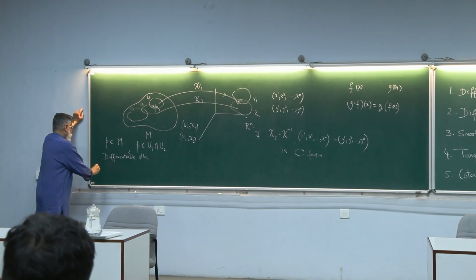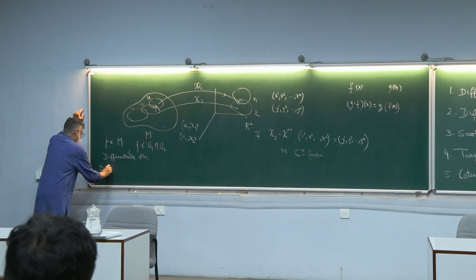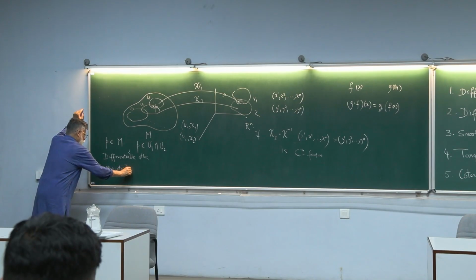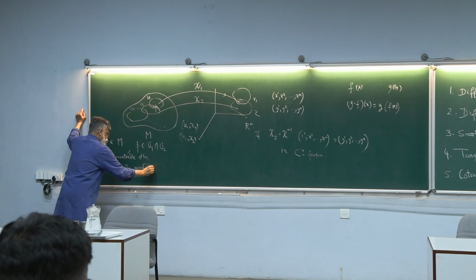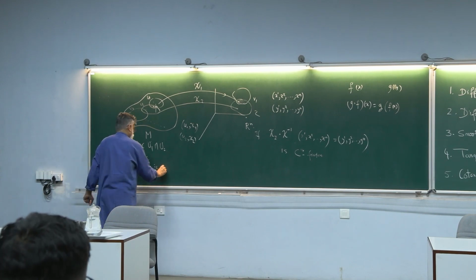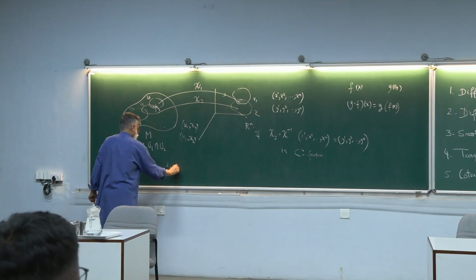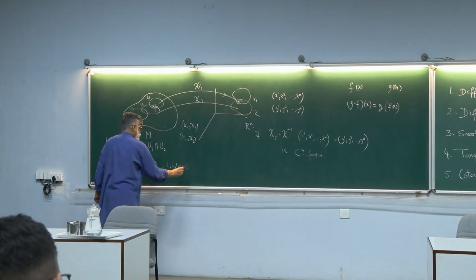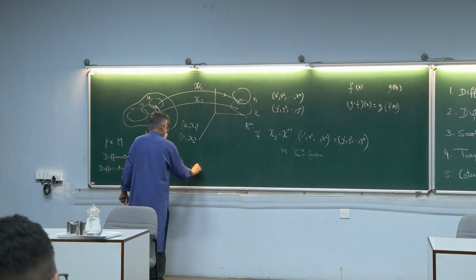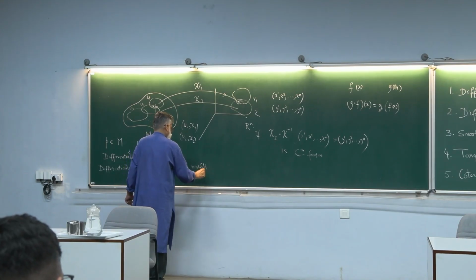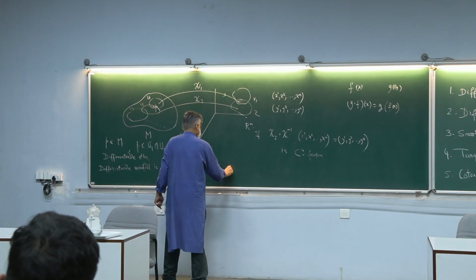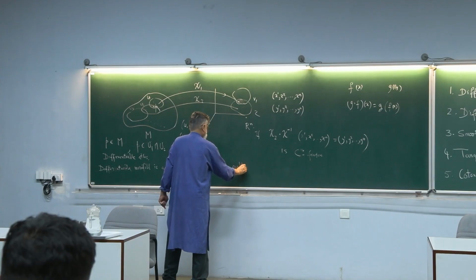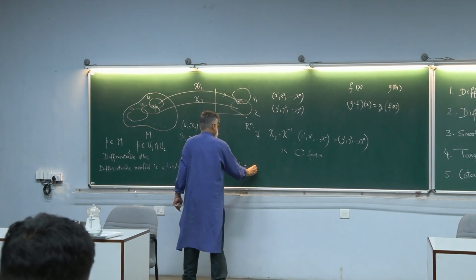So, in other words, because from now onwards we will be talking about differentiable manifold, a differentiable manifold is a topological manifold with a complete differentiable atlas.